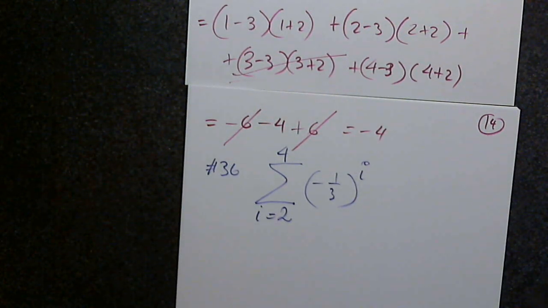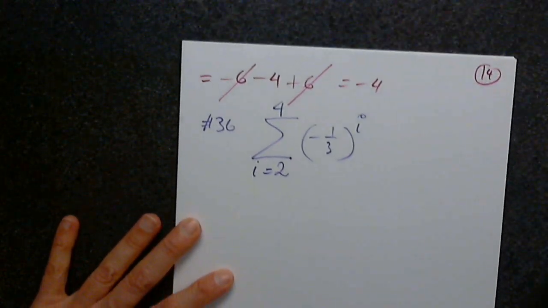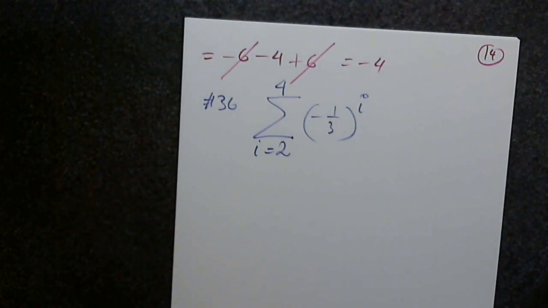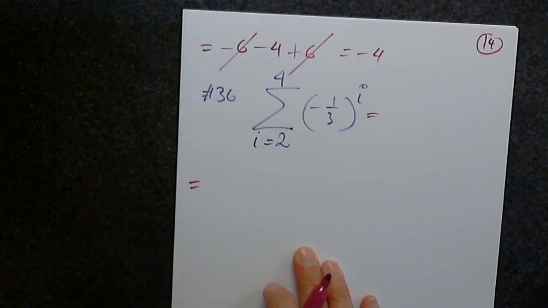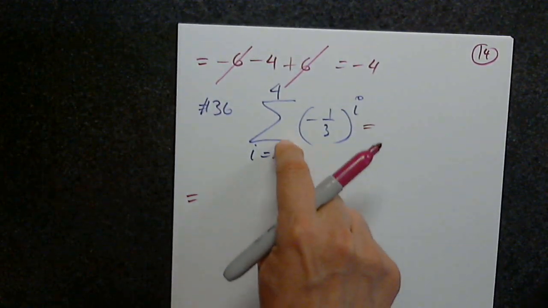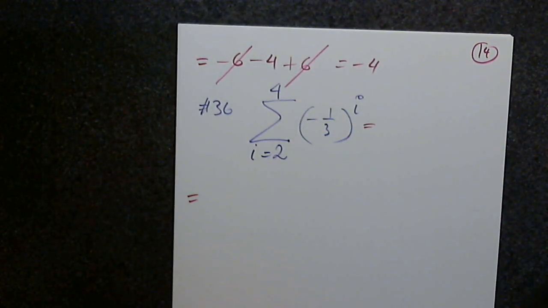So we want to find the summation, the sigma notation or sum, from i equals 2 to 4 of negative 1/3 to the i. So now please tell me how many terms will we list? 3 terms, very good. Can anyone give us the first term with no calculations whatsoever? 2, 3, and 4.